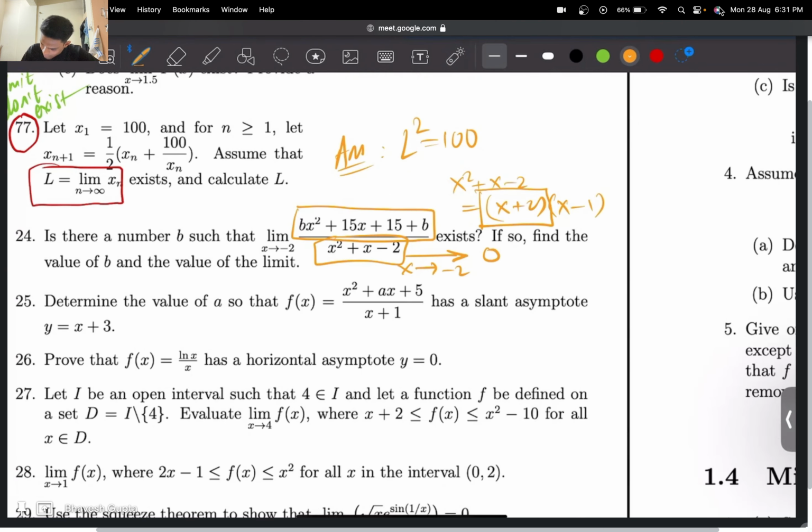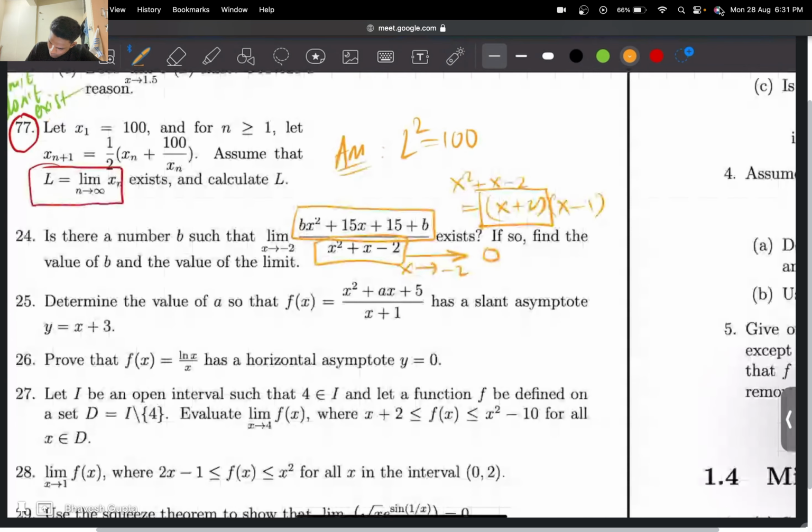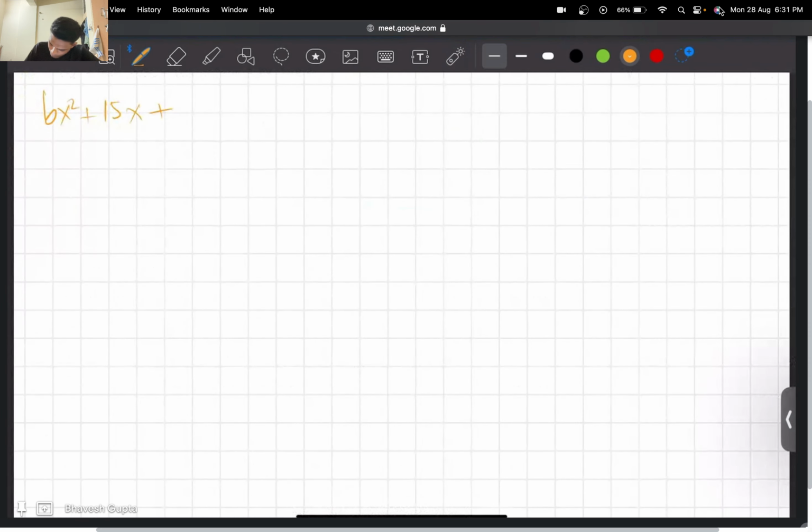It is bx square. So you can have a b value such that if you factor this polynomial, it turns out to be in this fashion: some x minus something, maybe some constant outside as well.